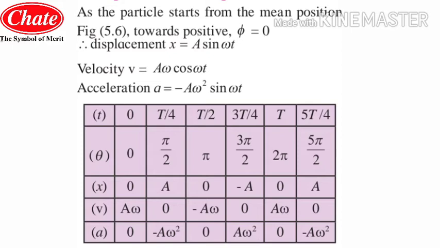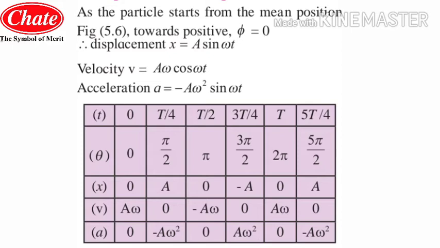After that, t by 4, then t by 2, then 3t by 4, the fifth one is t, and the last one is 5t by 4. These are the times at which we have to see the phases of SHM, and with the help of this chart we are going to draw the graphs.